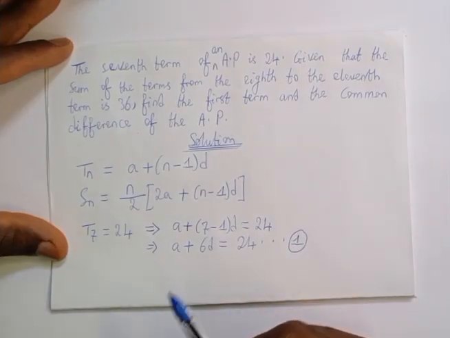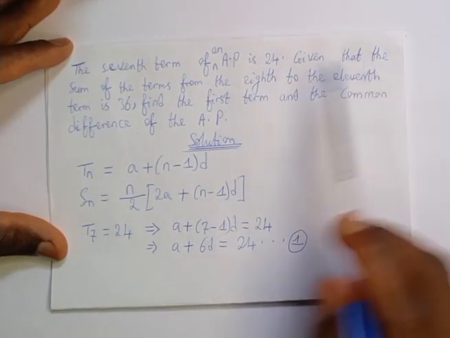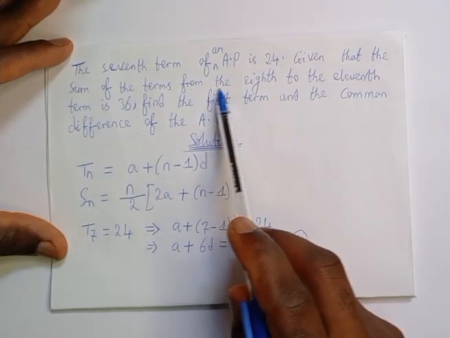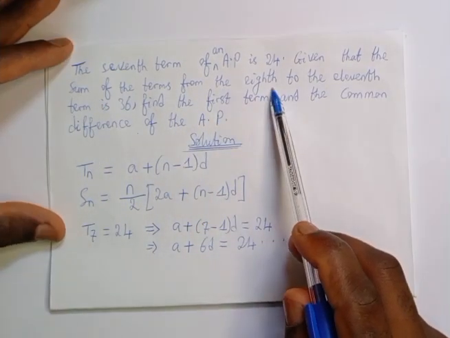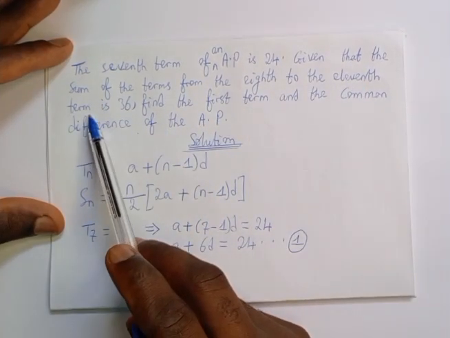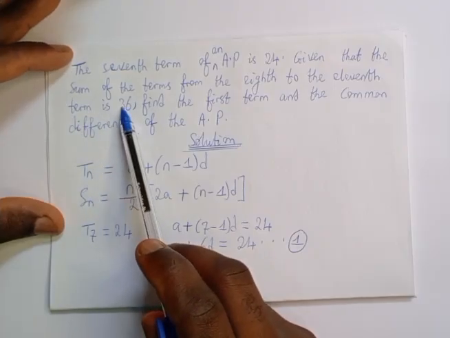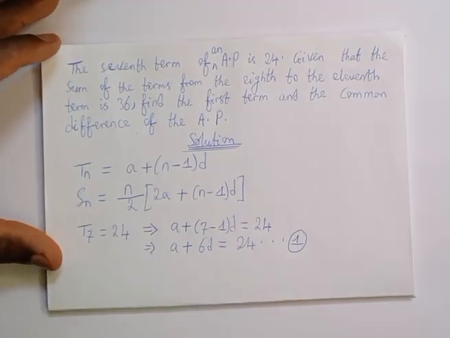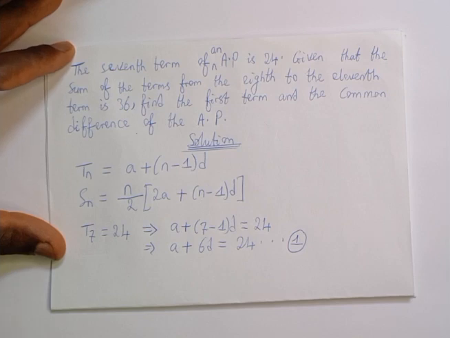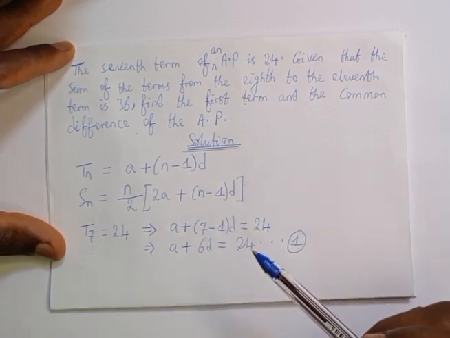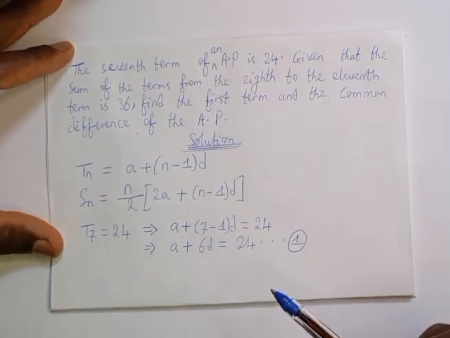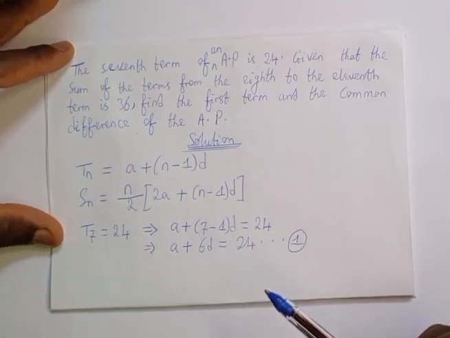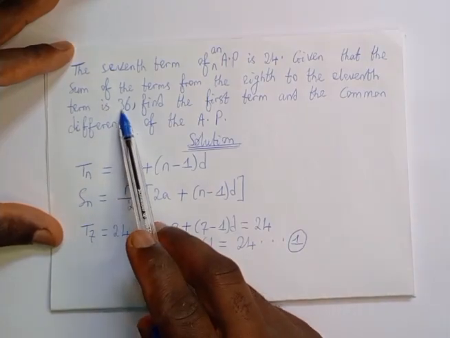Next, we are told that the sum of the terms from the 8th to the 11th term is 36. This simply means that if we take the sum of the first 11 terms of the AP minus the sum of the first 7 terms of the AP, it should be equal to 36.